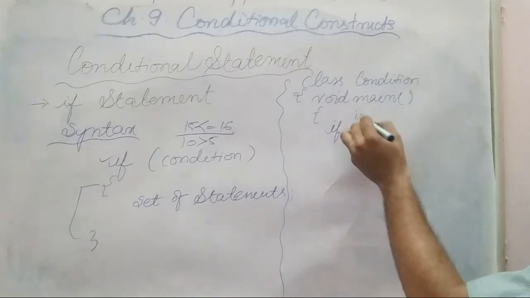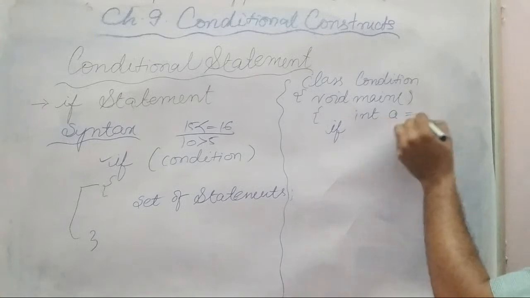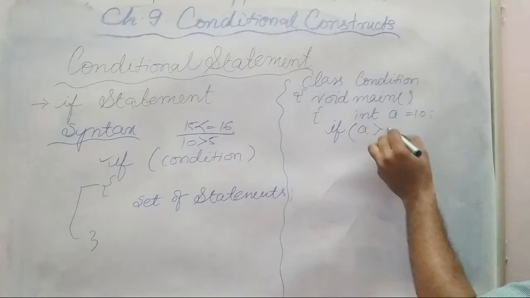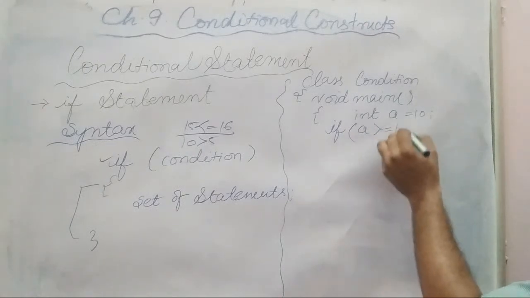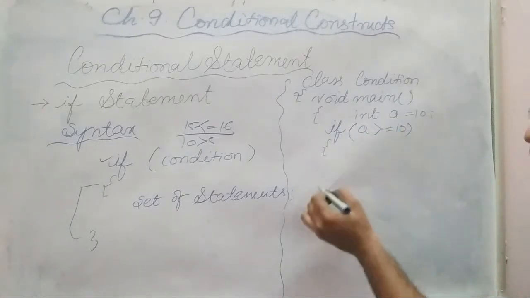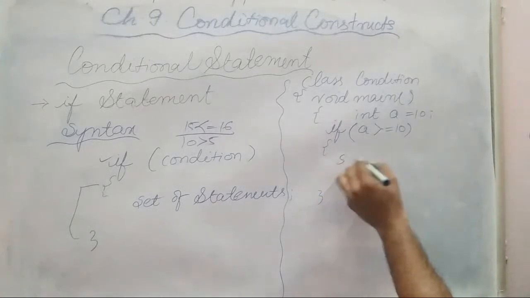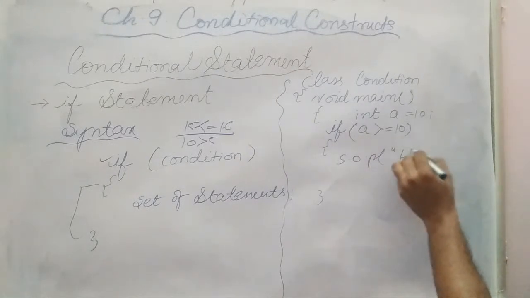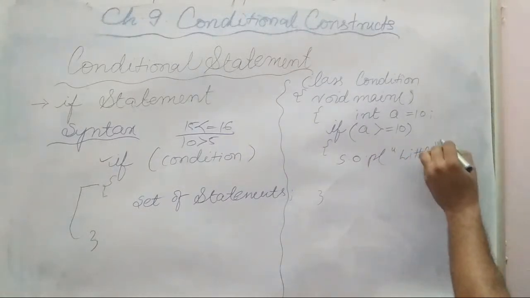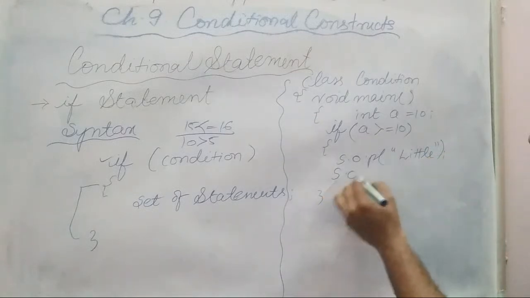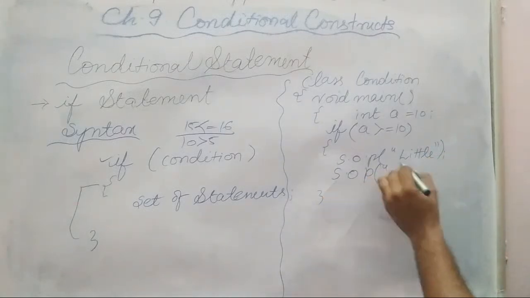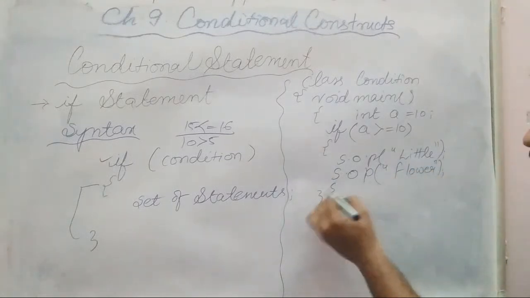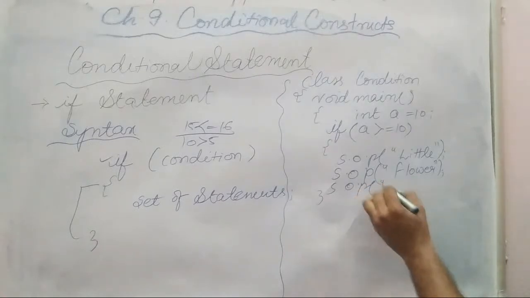We have taken an integer variable a equal to 10, and we have said if a is greater than or equal to 10, print a statement: system.out.print, little, flower, school.